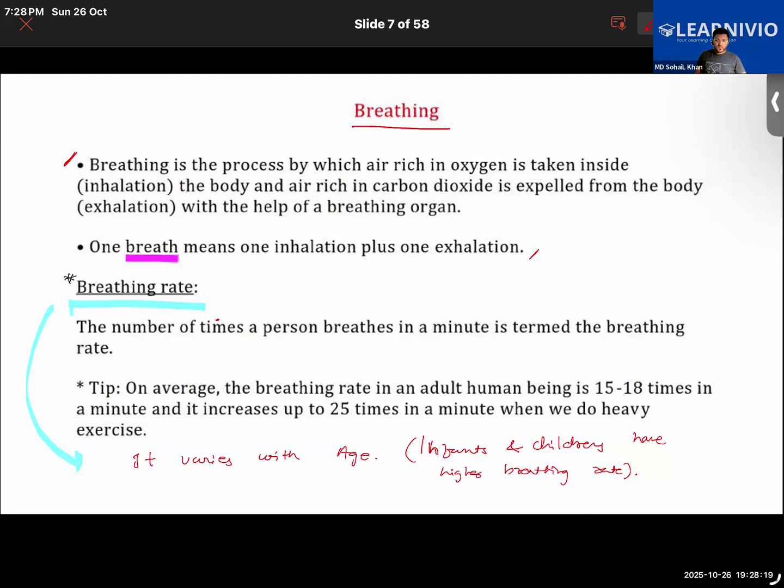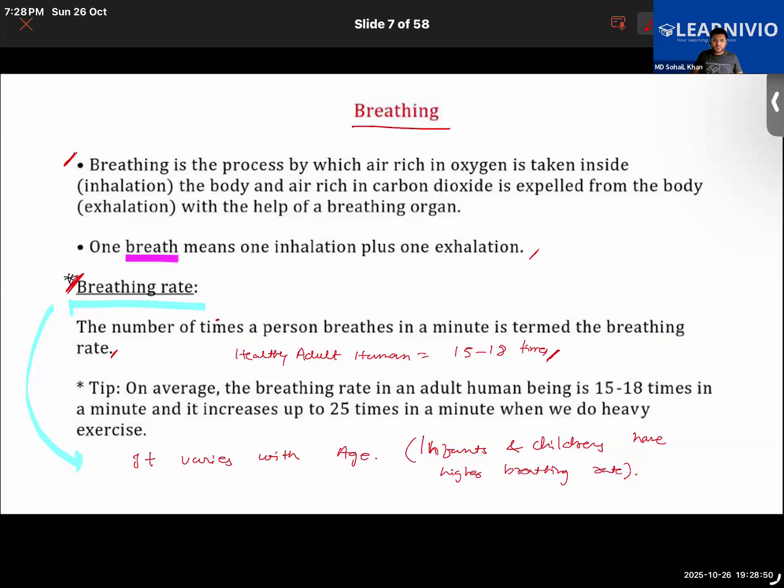Okay, that's good. Do one thing. Write down this also about breathing rate. Write down the number of times a person breathes in a minute as the term breathing rate. After that, you will write down in a healthy adult human, it is 15 to 18 times.